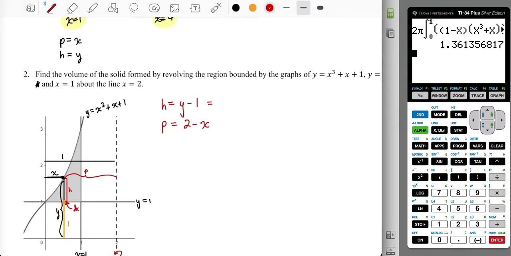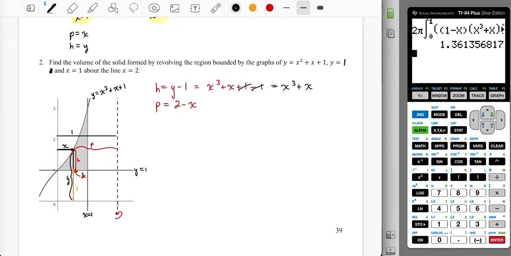All right, so h is equal to y minus 1. So it's really just a matter of saying, okay, I got y, which is x cubed plus x plus 1. Subtract 1 from that, and we have the value of h, which is x cubed plus x.